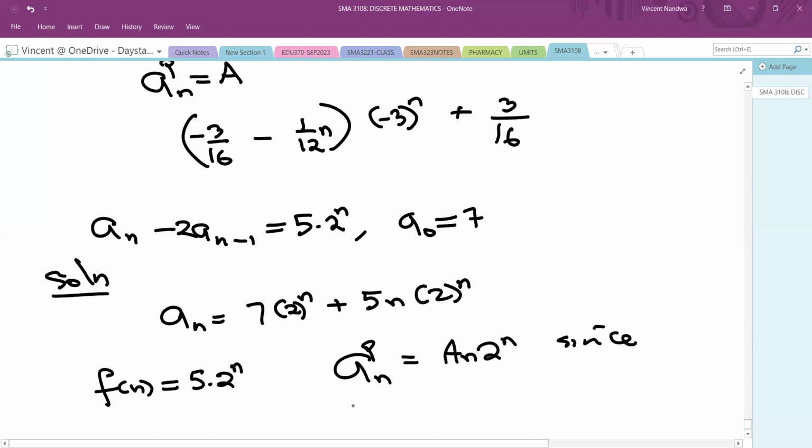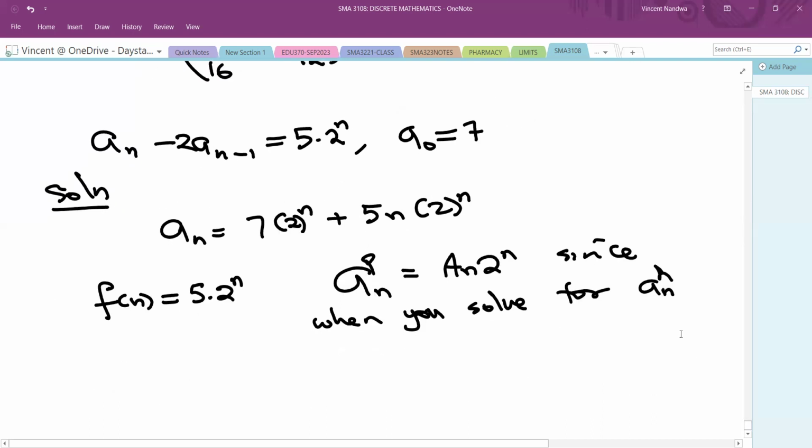When you solve for the homogeneous solution, you get that your homogeneous solution is going to be a constant times 2 power n. Remember, when the constant times 2 power n is appearing in f of n, then to get a particular solution which should be linearly independent of the homogeneous solution, you must multiply the whole expression of a constant A power n by another n.